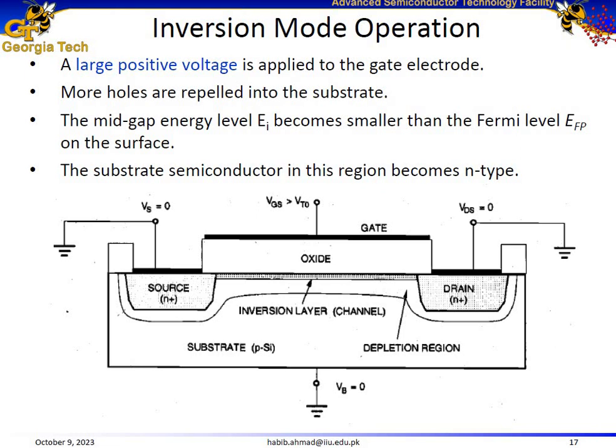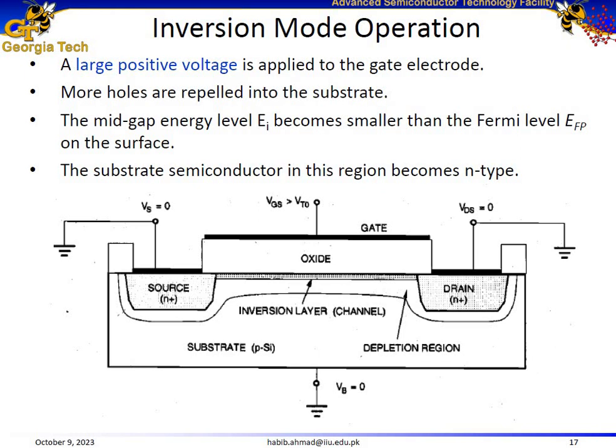So actually there is a simple formula for the calculation of minority carrier electron concentration in a p-type substrate. The formula is N times P is equal to Ni squared, where N represents the electron concentration, P represents the hole concentration, and Ni represents the intrinsic carrier concentration.